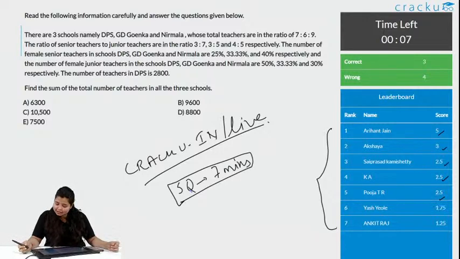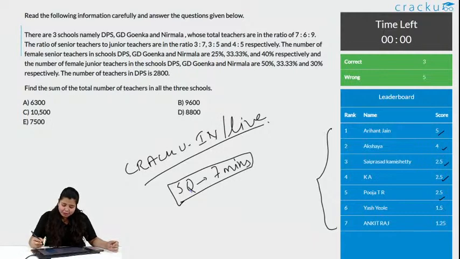Last 10 seconds. Aryant is with a perfect 5 score and then Akshaya 3. It requires 5 to 10 minutes, that's why 7 minutes of time is given. And the timer is off.